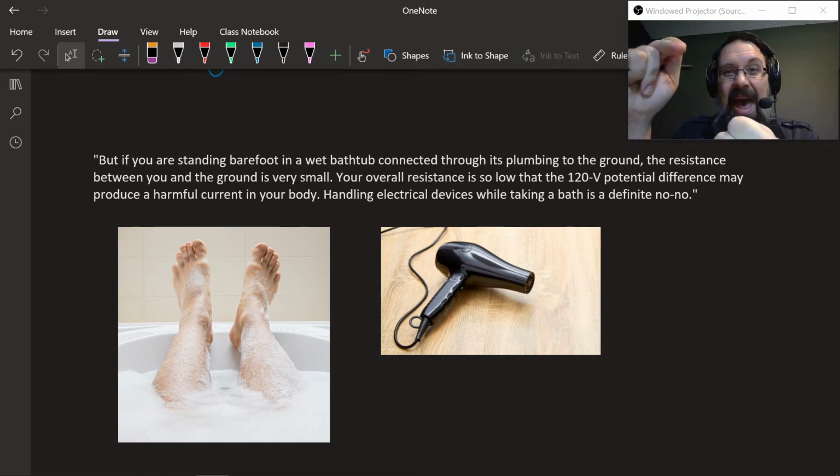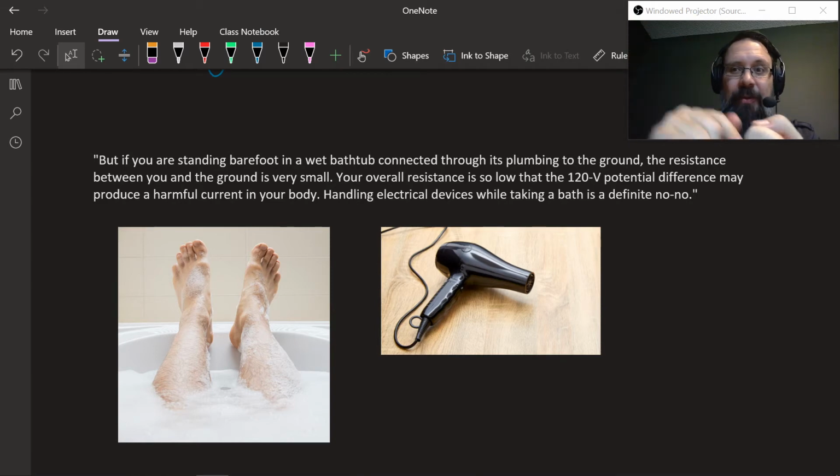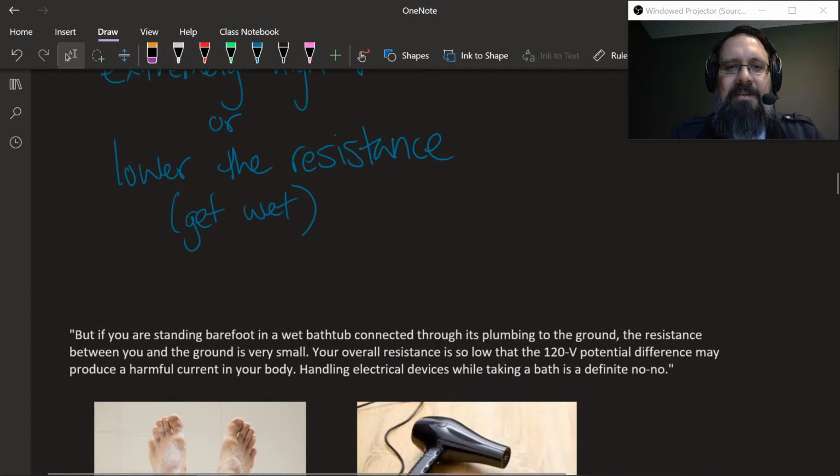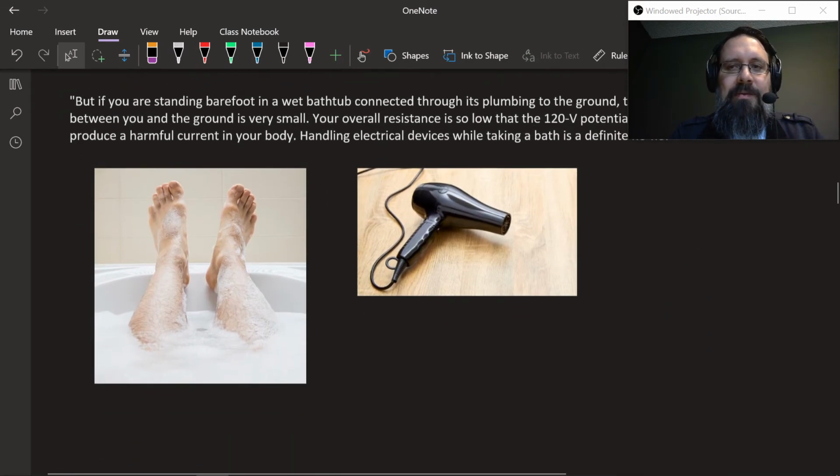Since you're wet, current can flow through you, and it can electrocute and kill you. Lots of people die from this every year. You hear stories in the news all the time of people getting electrocuted in their bathtub. So using electrical devices in the bath is a big no-no, because your resistance is significantly lowered when you're wet. So don't use electrical devices when you're wet. It doesn't mean it's going to kill you, but it's not a good idea.